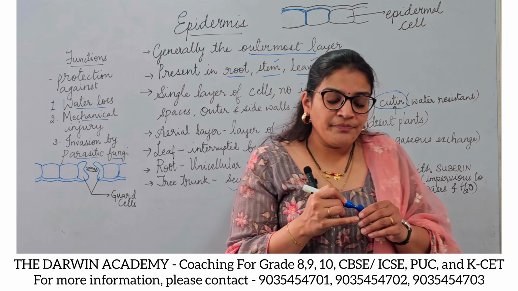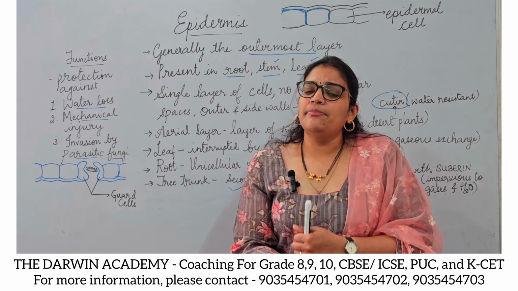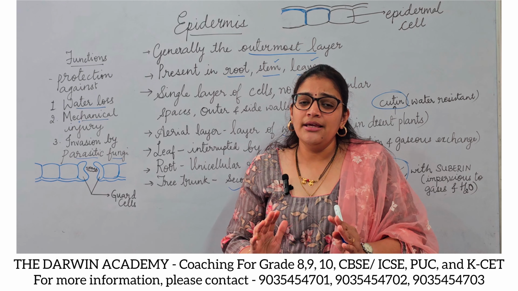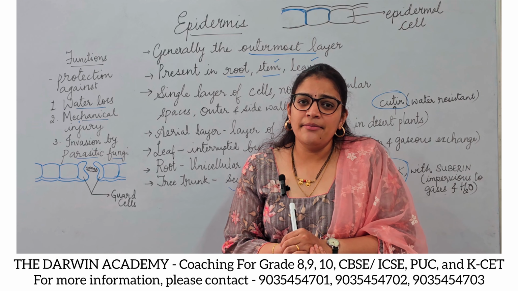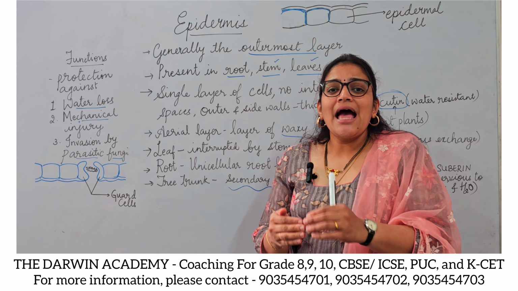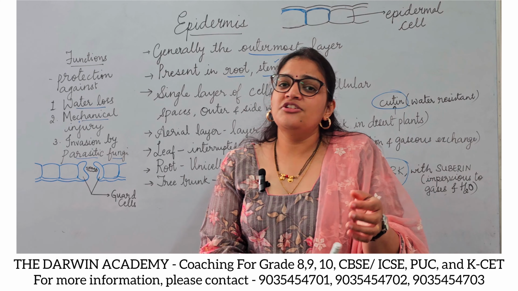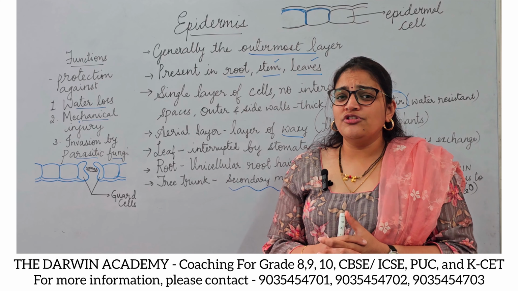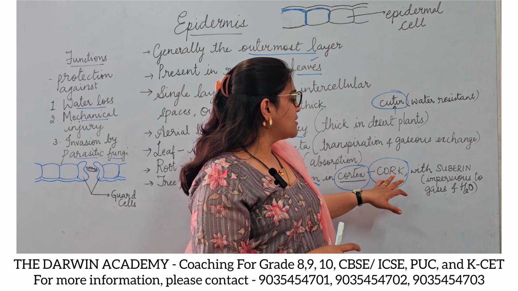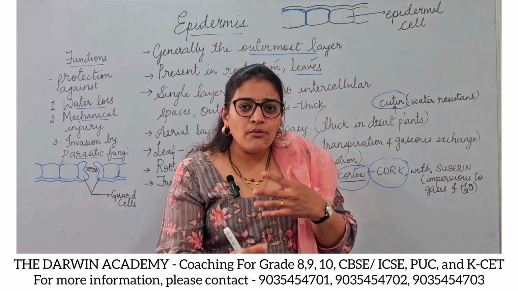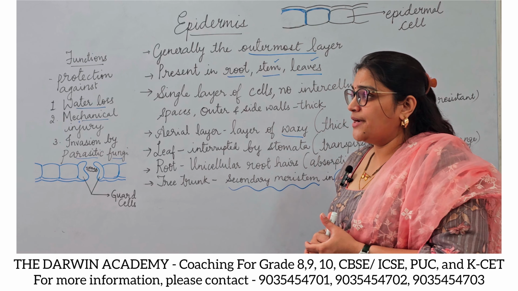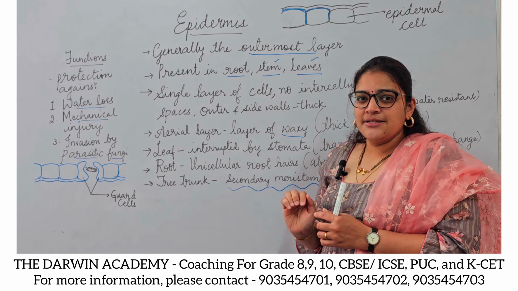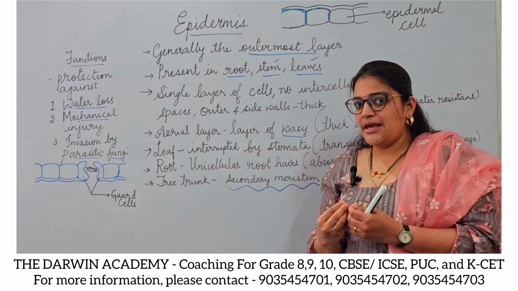I repeat, initially when the plant is tender, when the stems are tender, they'll be covered on the outermost layer by the epidermis. But as and when the plant will start becoming a tree, the tree will have to develop a tissue called cork. How is this produced and where is this produced? So initially we all know that there will be epidermal cells in the stem.